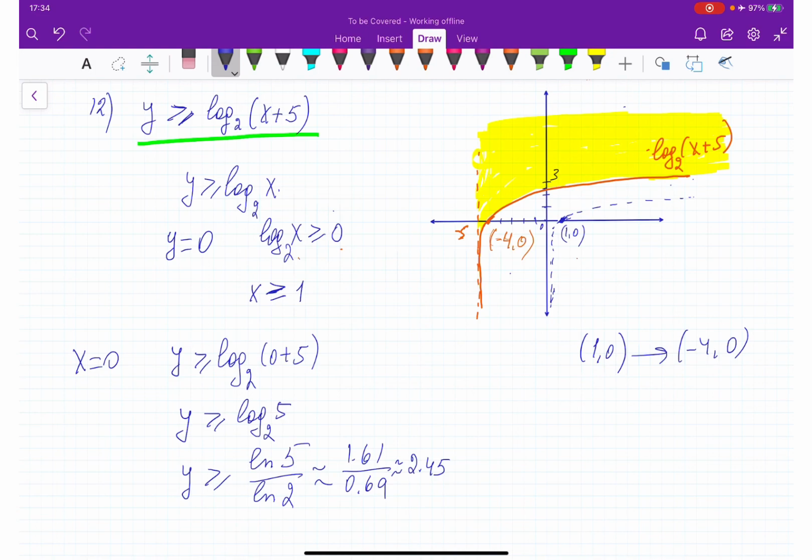Why? Because if I do 1 minus 5, it's going to be negative 4, because we are shifting x and 1 is a coordinate of x. That's why I am adding to the existing coordinate of 1. So we end up with negative 4, 0, which is this point.